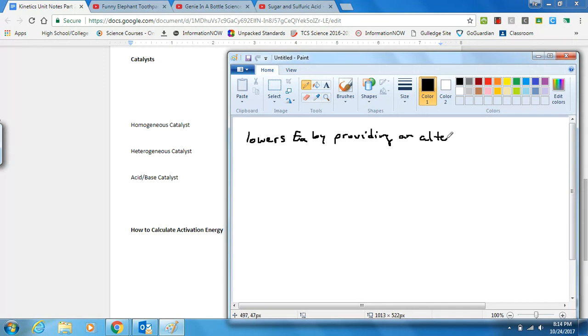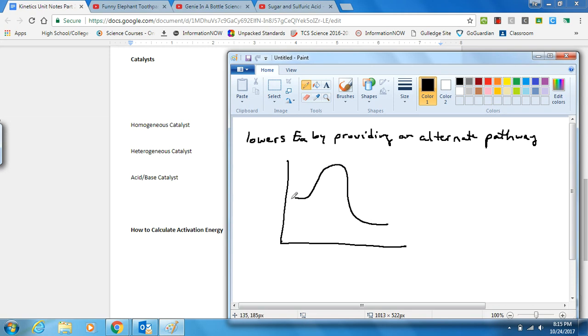I believe we've already talked about this when we were talking about how catalysts can affect reaction rates. Because these catalysts lower the activation energy by providing an alternate pathway, the reaction actually happens faster. So let's make the connection. If I draw an exothermic graph, where my products end lower than my reactants' energy, and I have a catalyzed reaction, I'm going to draw it in a dotted orange line.